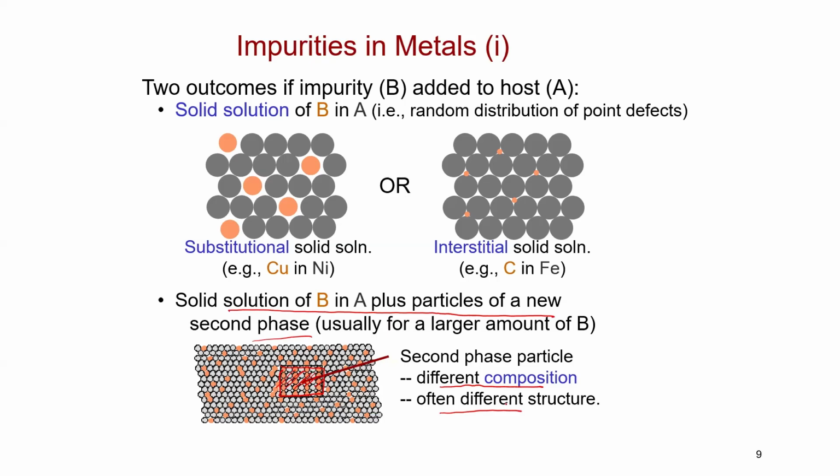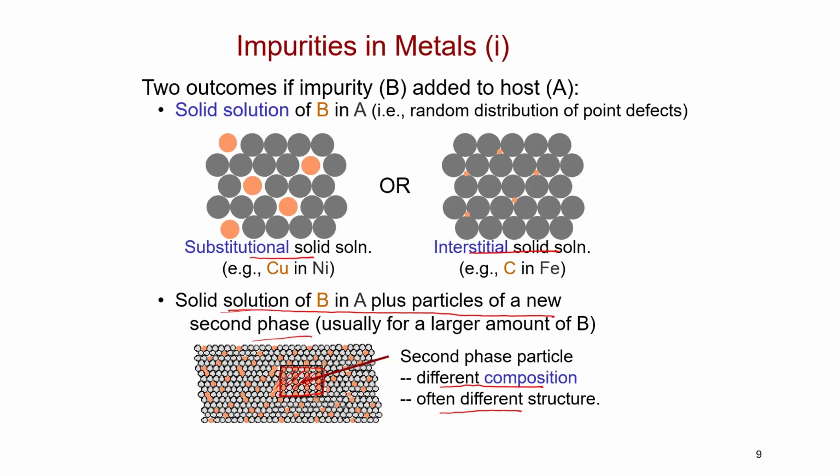Do you understand these differences? Interstitial and substitutional impurities, and this phase. Any question?